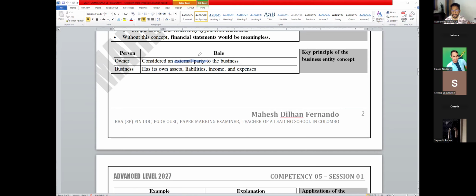Therefore, the business has its own assets, liabilities, income and expenses. Okay? The business has its own assets, liabilities, equity, income and expenses. The owner is recognized as a separate entity. Got it? Understood? Let's continue.